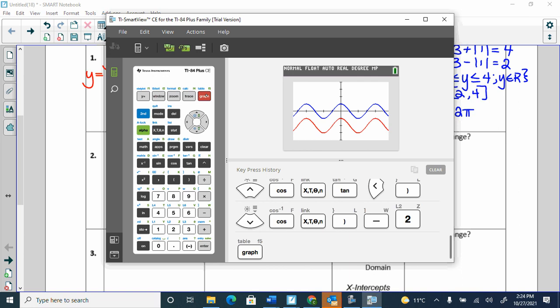Just like we suspected, what happened to it? Moved down 2. Vertical displacement is the fancy terminology we're going to use. Did it squish it horizontally? No. Did it squish it vertically? No, there's no vertical stretch. There's no horizontal stretch. So my amplitude's still going to be what? 1. My period's still going to be? 2 pi, or 360. The b value will still be 1.